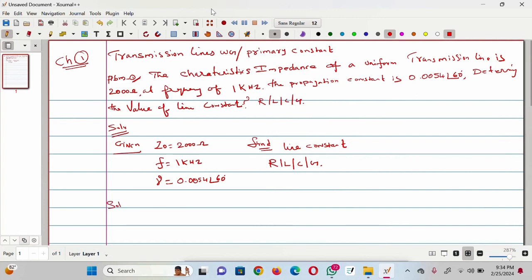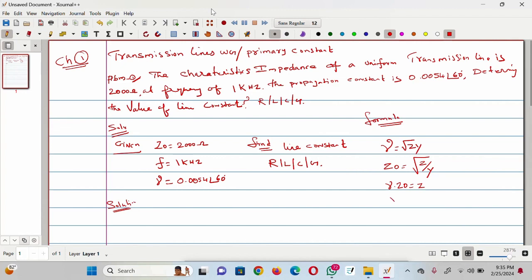How to solve? That is very important. For solving this, some important formulas are needed. Already we know gamma equals root of z y. What about Z naught? Z naught equals root of z over y, and also gamma into Z naught equals z.